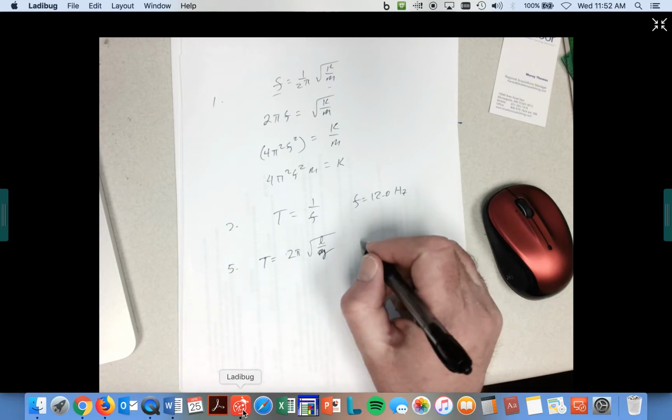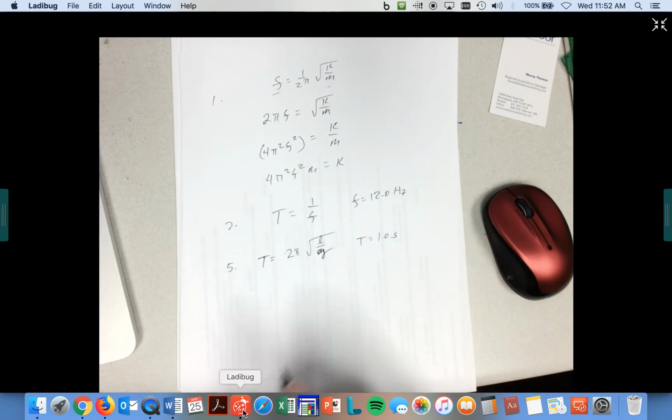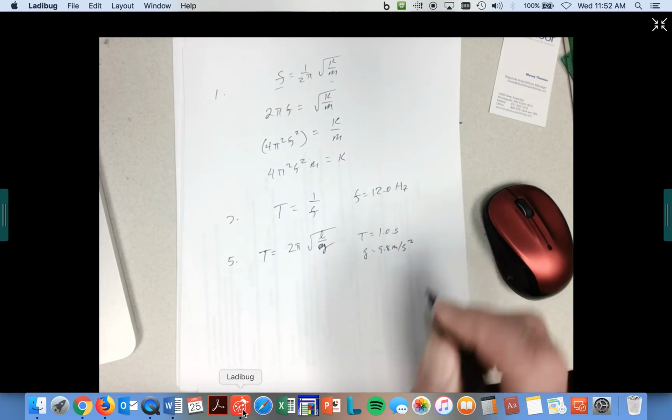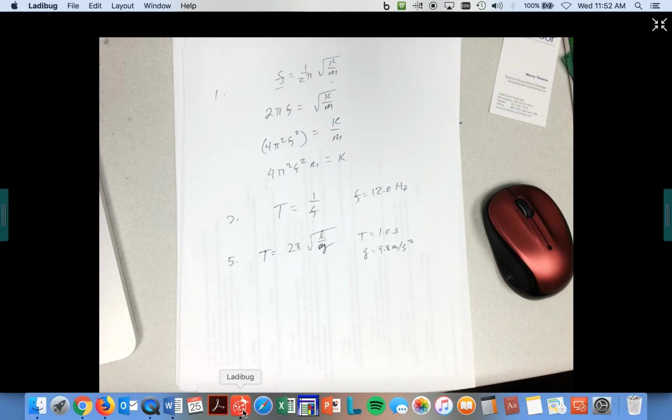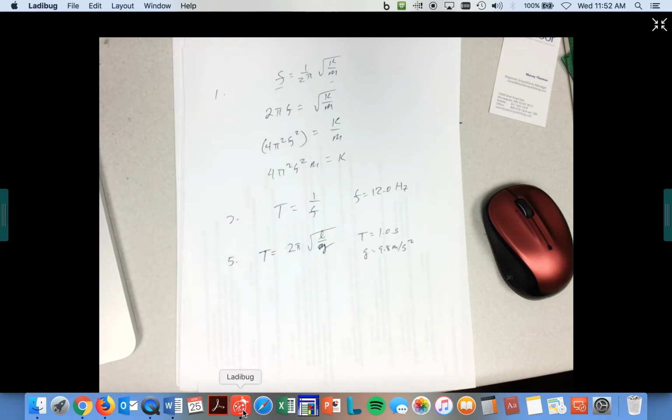In this case, T is equal to 1 second, and you know that g is equal to 9.8 meters per second squared. I wouldn't plug in any numbers until I was ready to go. But once again, we have to square both sides, just like we did up here. Next one.